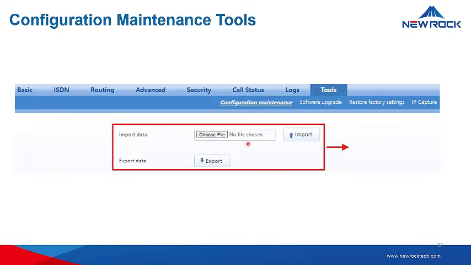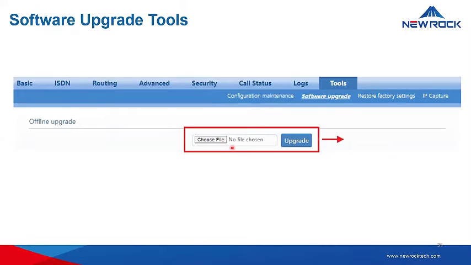So maybe he can also import the exported data here. So you can do export, then import the configuration file. Then with regards to the upgrade, we release our upgrades, general availability firmware versions, on our website. So you can download from that and do an offline upgrade.